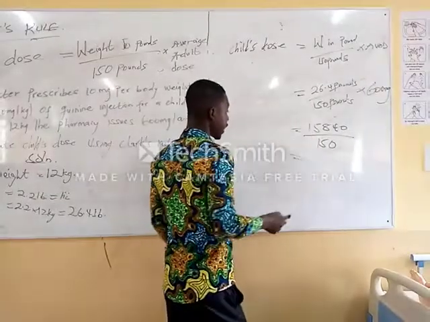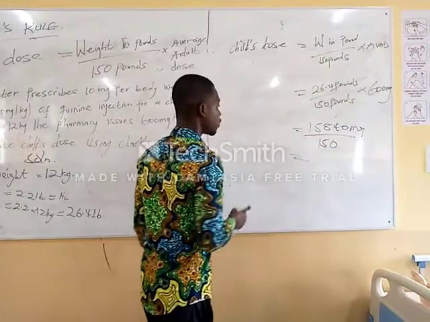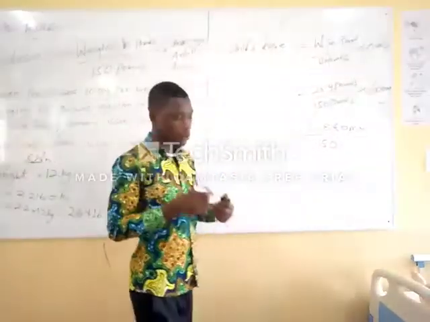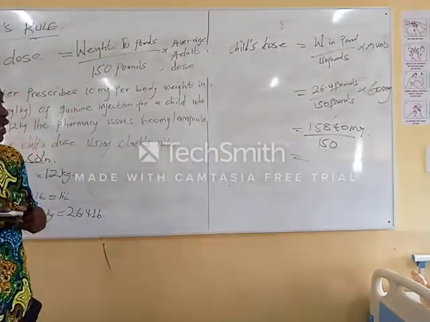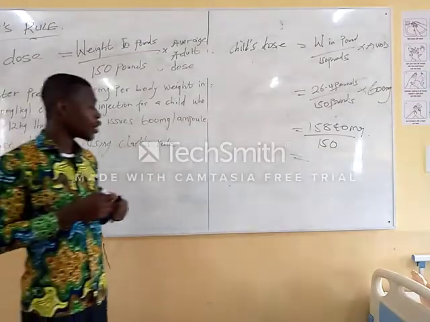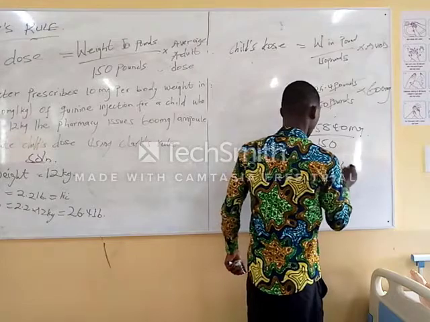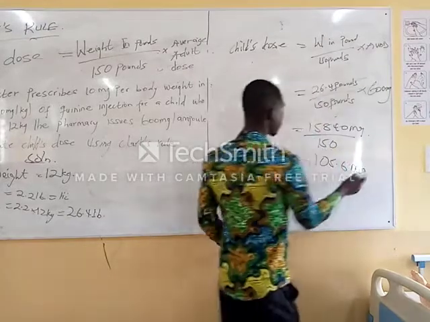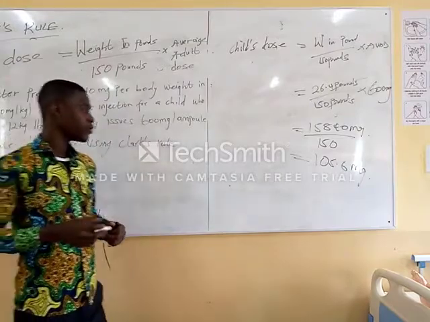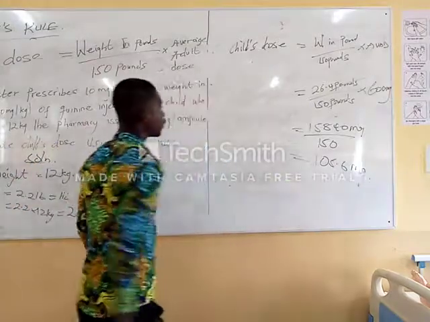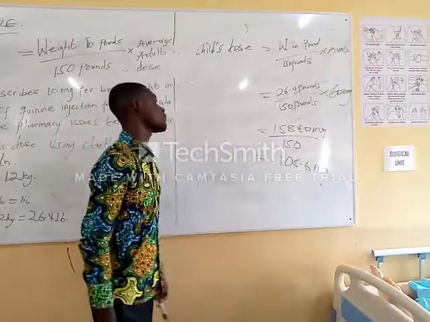Already the pounds has cancelled out, so this is leaving the mg here. So 15840 over 150, we are going to have 105.6 mg. So this is what we are going to take from the 600 milligram adult dose.